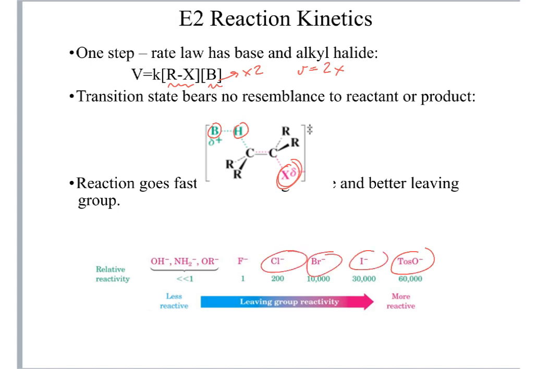So we'll only consider chloride through tosylate as the possible leaving groups for elimination reaction, and we will not consider strong conjugate bases of weak acids such as hydroxides, amide, and alkoxide. Such leaving groups would first have to be activated before they can be expelled as a leaving group.